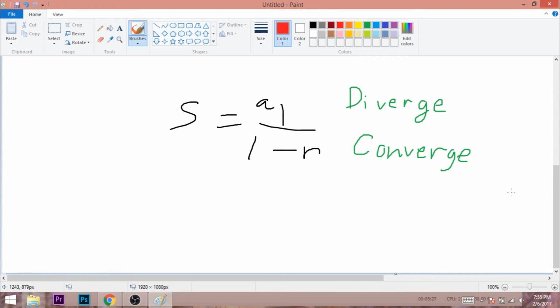The converging ones is when the absolute value of the ratio is less than 1. The diverging ones are when the absolute value of the ratio is greater than or equal to 1. Only when you have a converging infinite geometric sum would you have the actual sum, right? So you'd only do this if it converges.